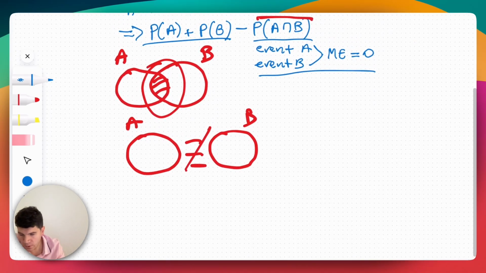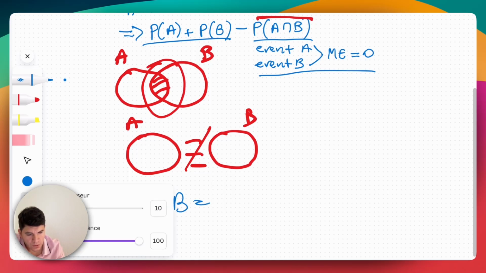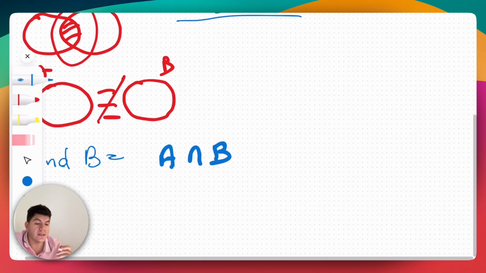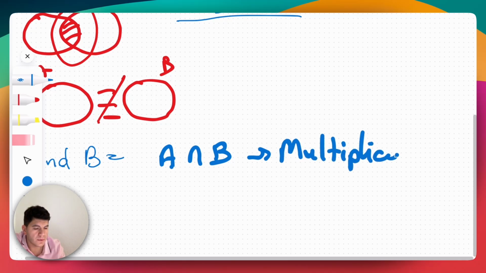Okay, so now when we say A and B, this is actually equal to A intersecting with B, meaning that this time we have to use a multiplication rule, okay?